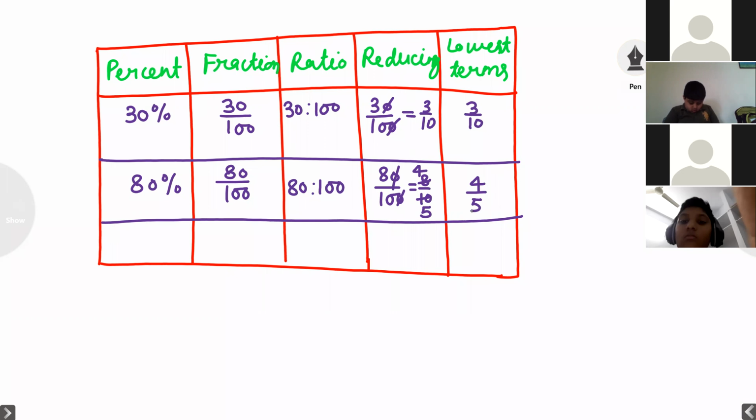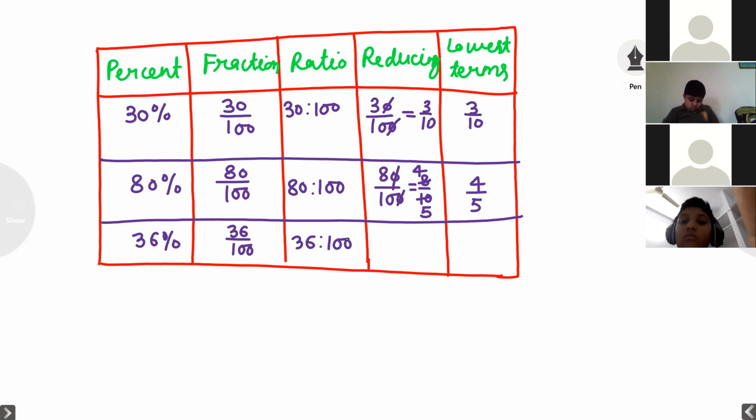One more example I am writing. 36%. I want to convert 36 percentage into fraction. 36 by 100. I want to write in ratio form. 36 is to 100.